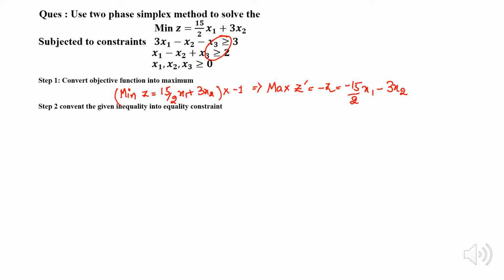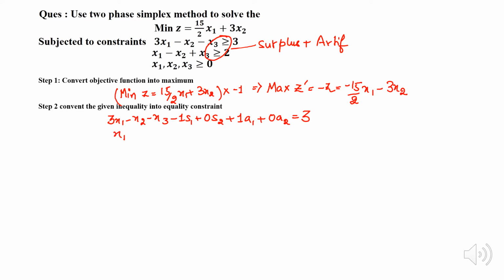So my new constraint equation will be 3x1 minus x2 minus x3 minus 1s1 plus 0s2 and plus 1a1 plus 0a2 is equal to 3. Okay, so we have seen that for greater than we have to add a surplus plus an artificial variable in our constraint equation to convert it into equality form.